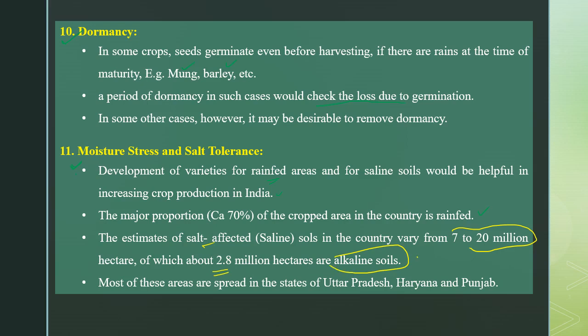If we need to utilize those areas, as we discussed in the previous video, we can't increase our net cropped area, but this way we can utilize our unused area by developing new varieties tolerant to those conditions. Most of these areas are spread in the states of UP, Haryana, and Punjab.